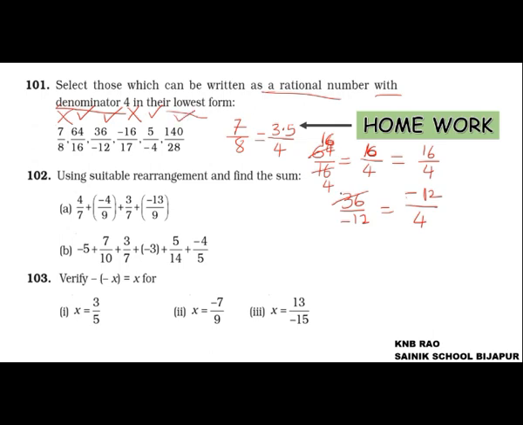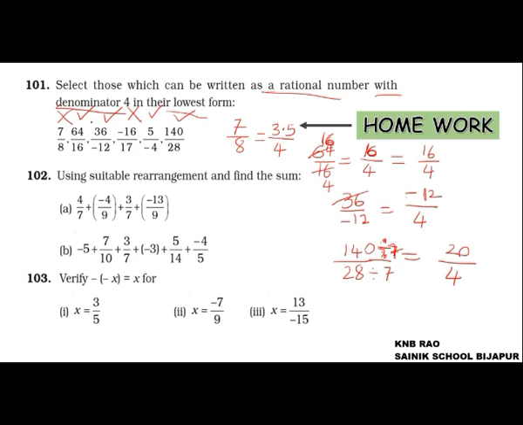This also can be brought to the denominator 4. When we divide denominator 28 by 7, the numerator also has to be divided by the same 7, which gives 20. 20 by 4. That's why 140 by 28 can also be brought into a rational number with the denominator 4.